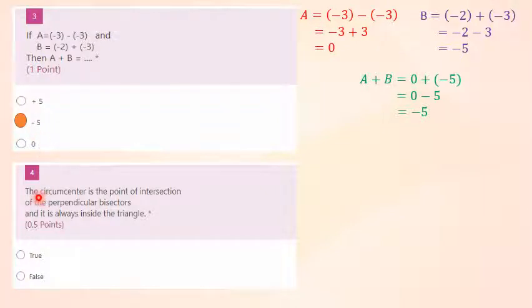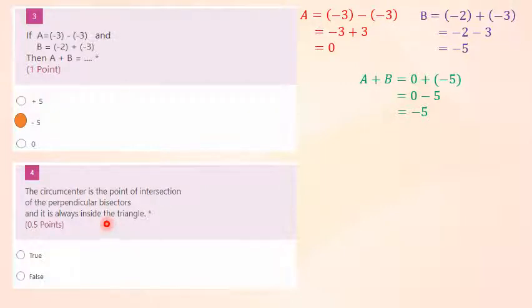Number 4. The circumcenter is the point of intersection of the perpendicular bisectors. Okay, circumcenter, point of intersection of perpendicular bisectors, and it's always inside the triangle. Is the statement true or false?